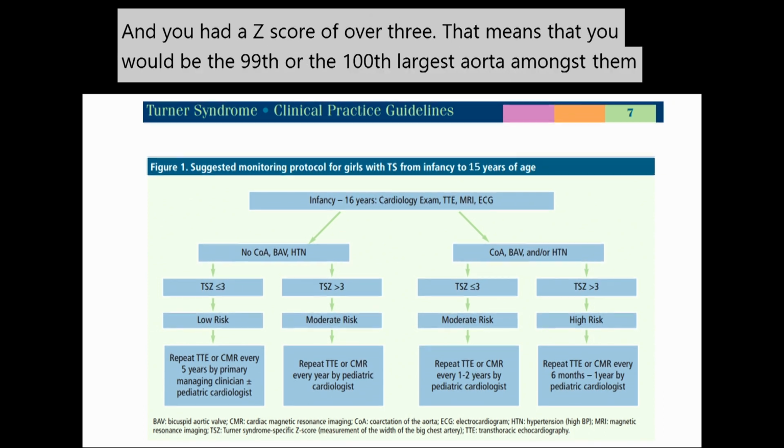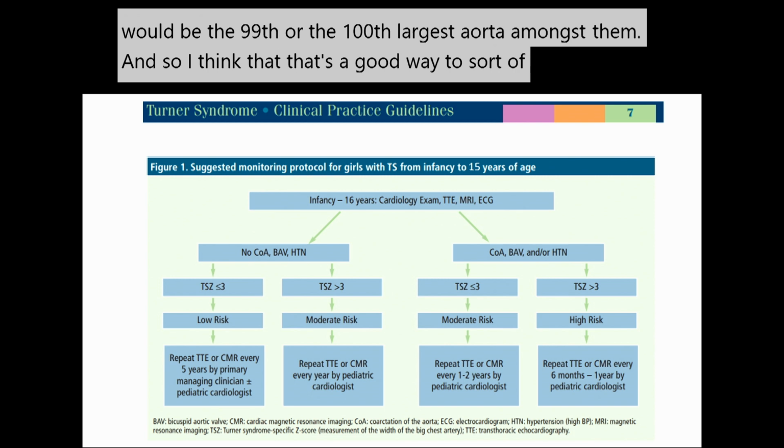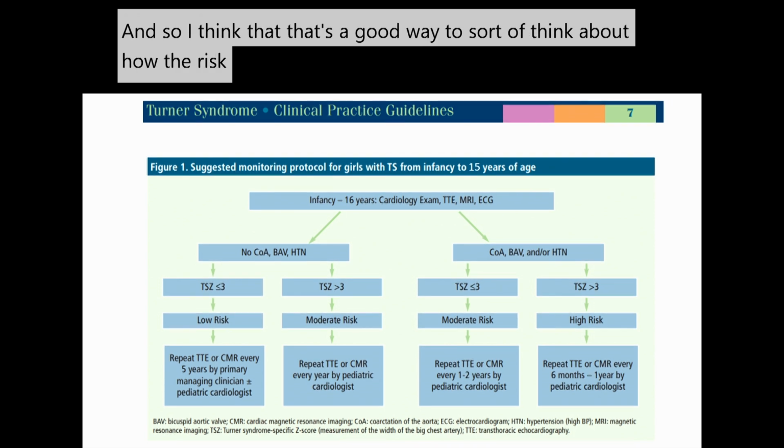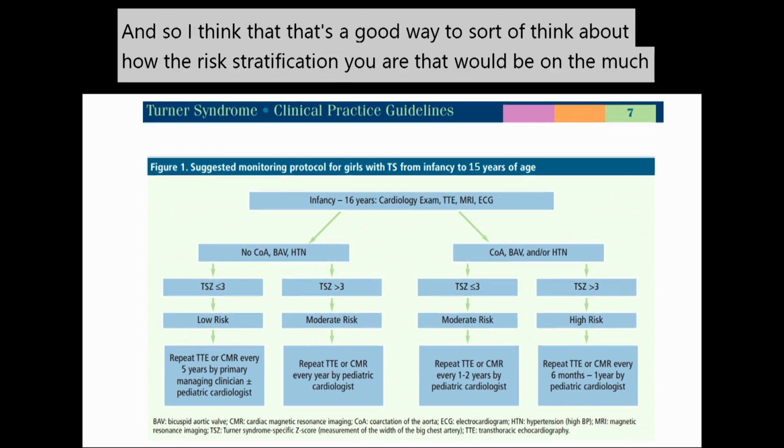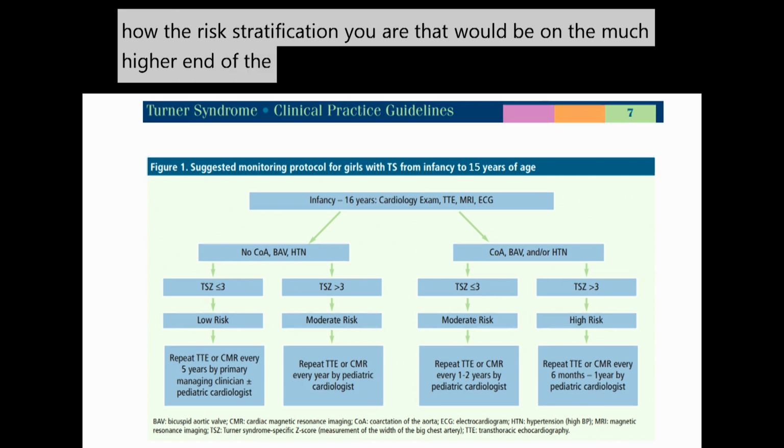And so I think that's a good way to think about how the risk stratification, that would be on the much higher end of the spectrum compared to those with z-scores that are lower.